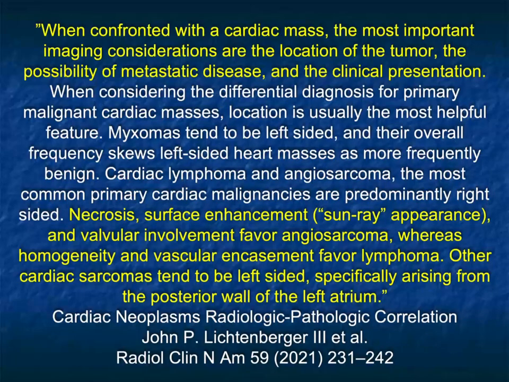Again, think about how the tumor looks. Necrosis, surface enhancement, and valvular involvement favor angiosarcoma, whereas homogeneity and vascular encasement favor lymphoma. Other cardiac sarcomas tend to be left-sided, especially arising from the posterior wall of the left atrium.